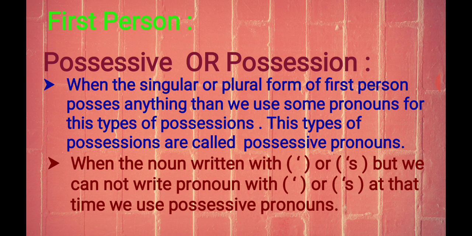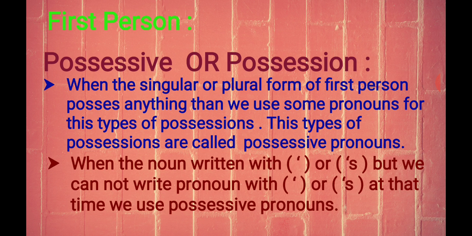As we learnt about the possessive form, we write the nouns according to that form. If the noun is singular, we write apostrophe and s. If the noun is plural and ends with s, then we add only apostrophe, right? And if the noun is plural but does not end with s, we also add apostrophe and s to show possession.